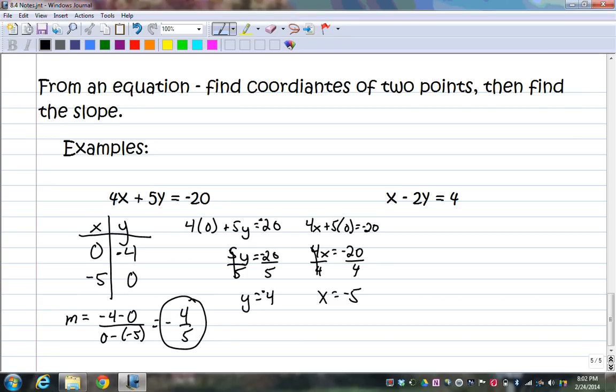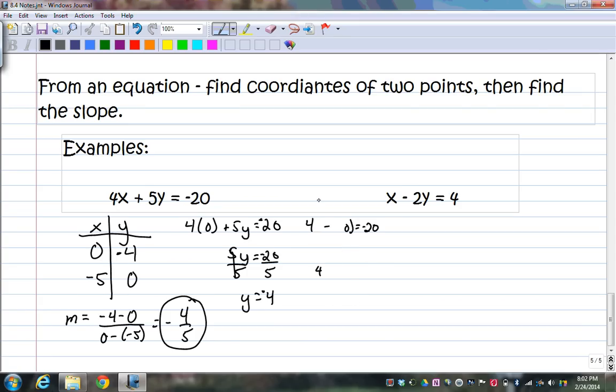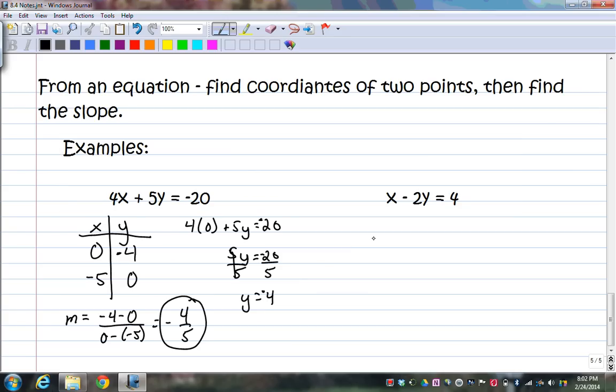Coming over here to this other problem, now I'm going to erase some of my work here because it's kind of in the way. I'm not going to do all the math this time for this one, but the same idea applies. X, y. If I put a 0 in here for x, I have a -2y left. Divide by -2, y is -2.